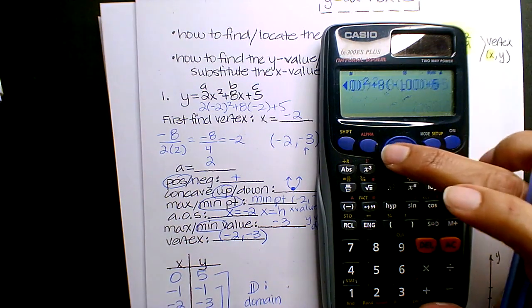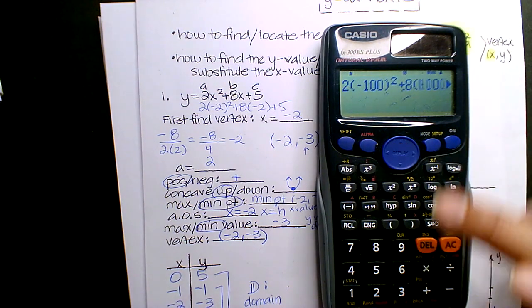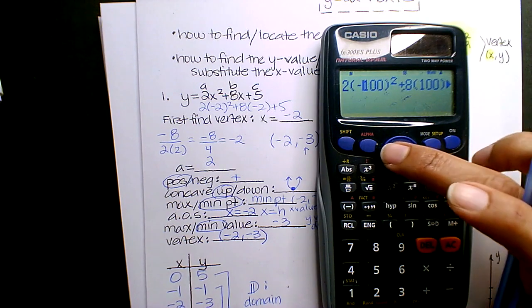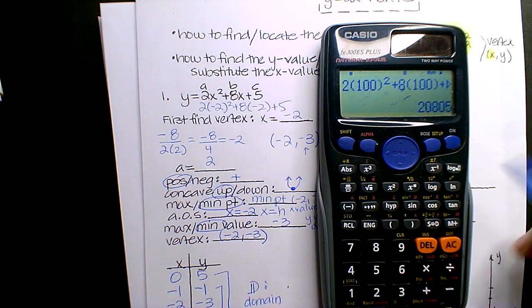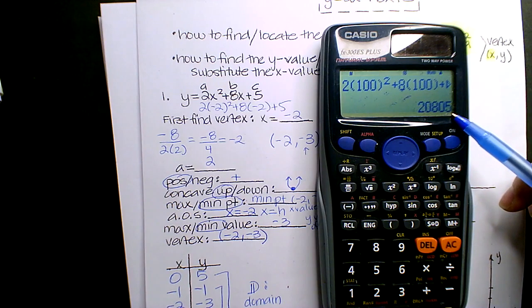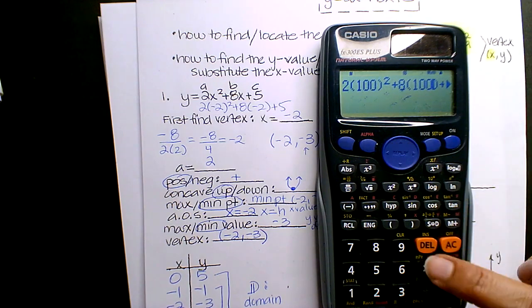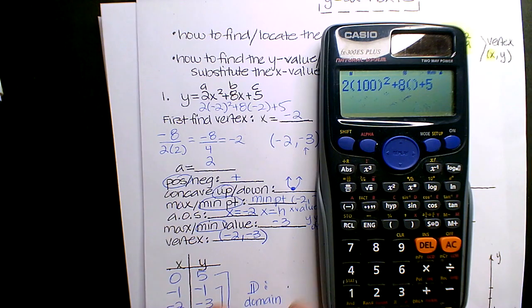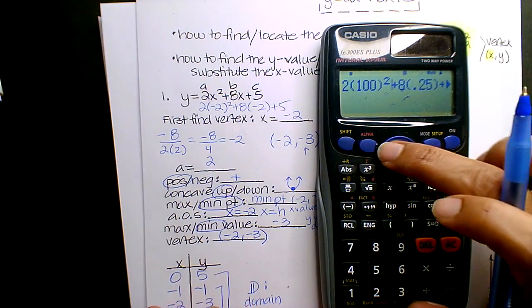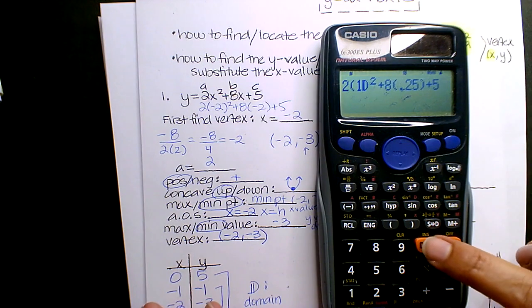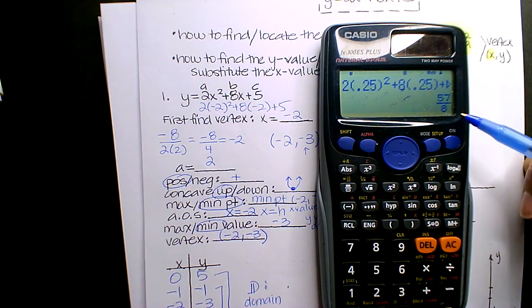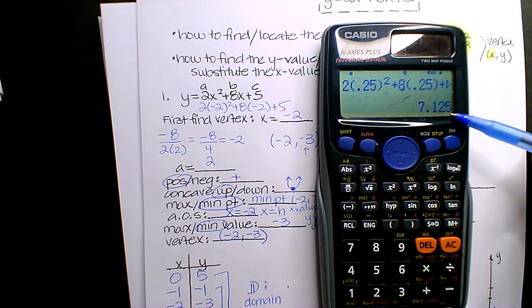If I want to plug in +100, it's going to be huge. I get a number, right? I can plug in like 0.25, a value close to 0, that's a fraction, and I get a y value, an output value.